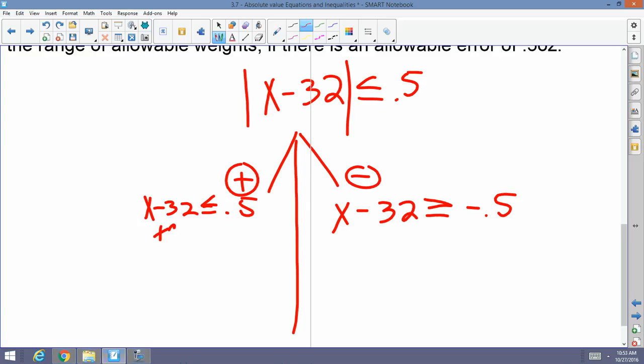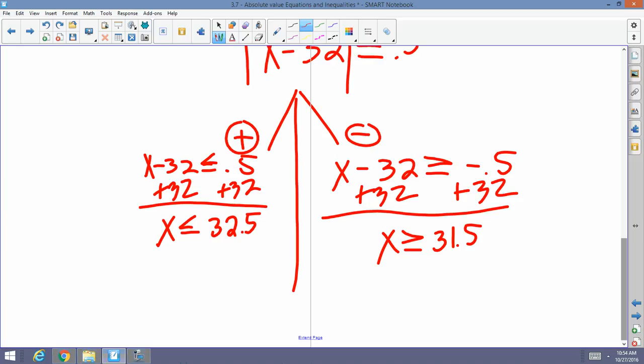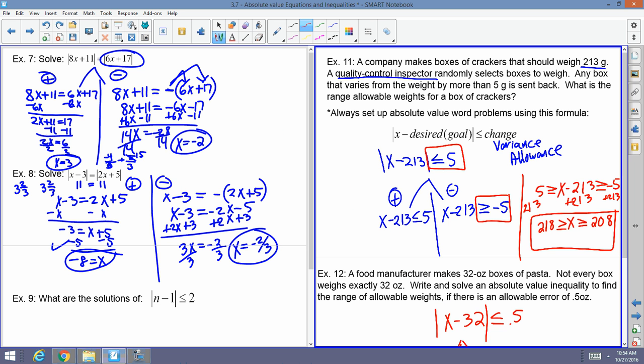Add the 32, add the 32: x is less than or equal to 32.5, and x is greater than or equal to 31.5. So x is greater than or equal to 31.5 but less than or equal to 32.5. And that is the allowable error for this manufacturer of pasta.